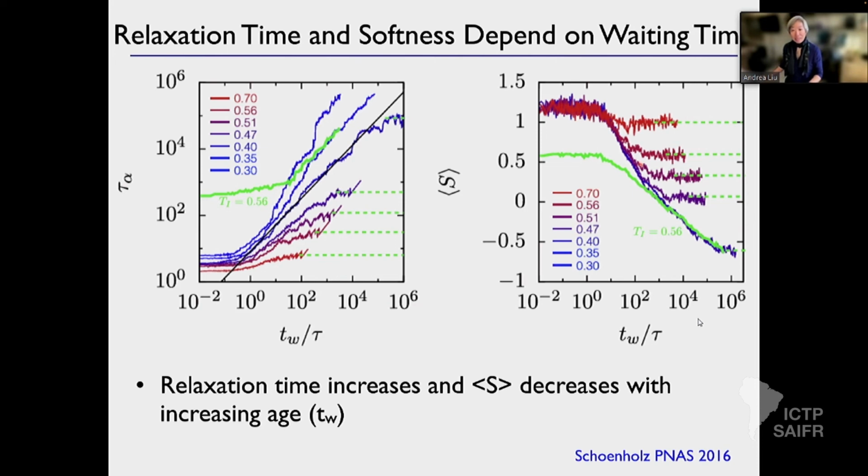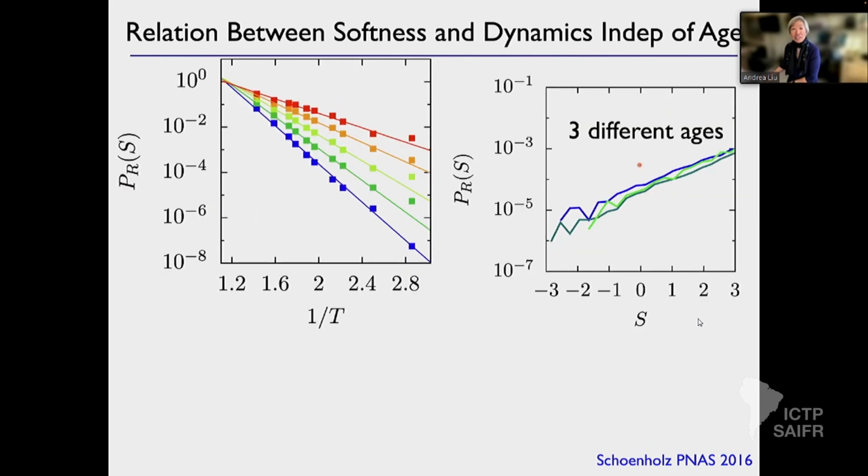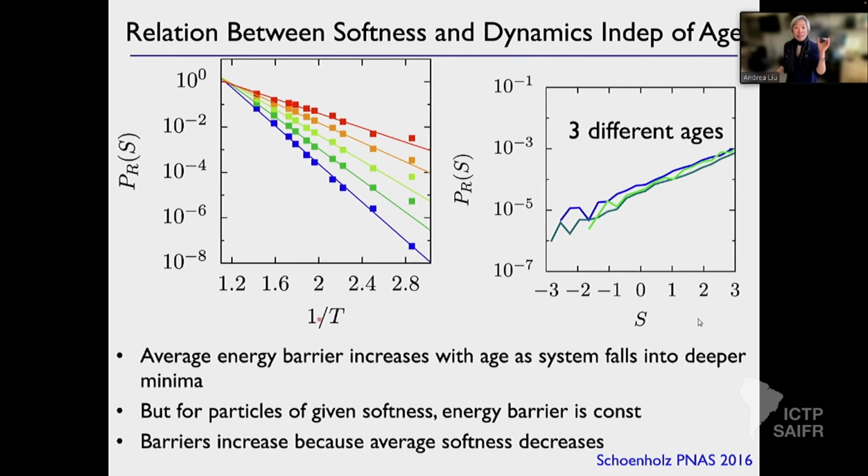But if you look at the probability of rearranging as a function of softness at 3 different ages, they're on top of each other. And if I put the aging data in with all the other data, it just extends these curves. They fall on exactly the same curve. In other words, the relation between structure and dynamics remains the same.